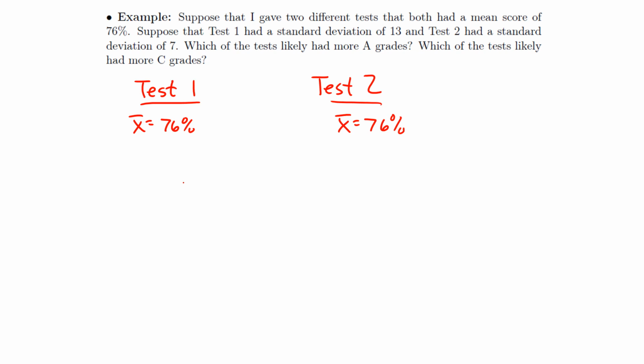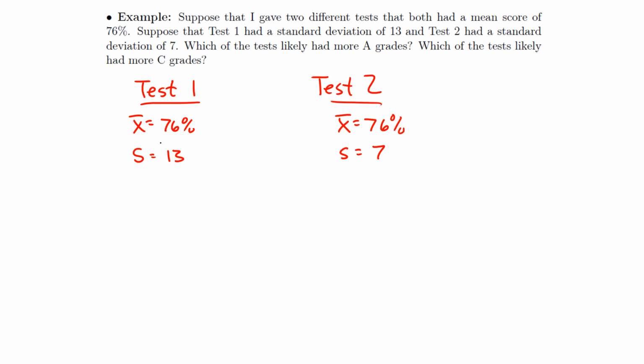But their standard deviations were different. So test number 1 had a standard deviation of 13, and test number 2 had a standard deviation of 7. So the questions I want to ask are, which of the tests likely had more A grades, and which of the tests likely had more C grades? So same average, right?